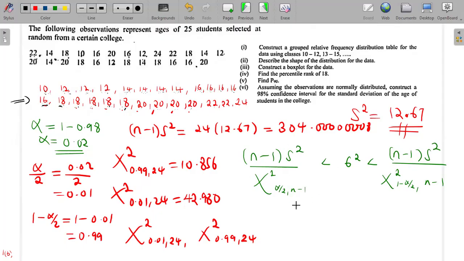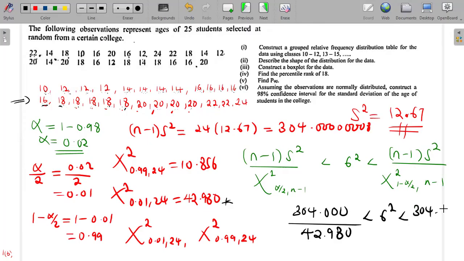Whatever is on top there, it's 304.00 if I round it off, divided by this guy here, 42.980, and then sigma squared. This guy here is still 304.00 divided by 10.856.